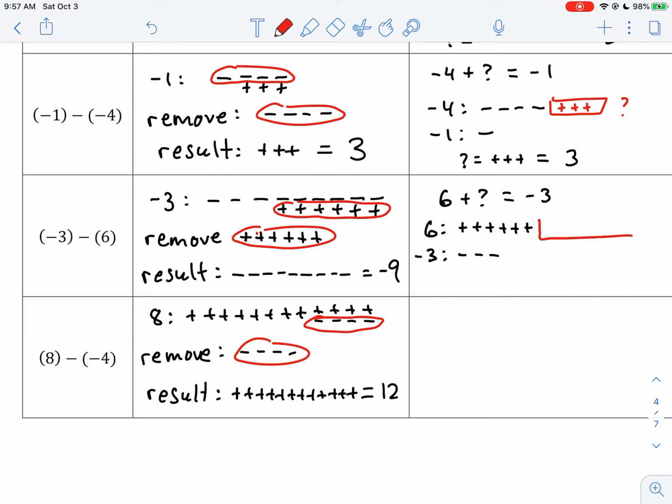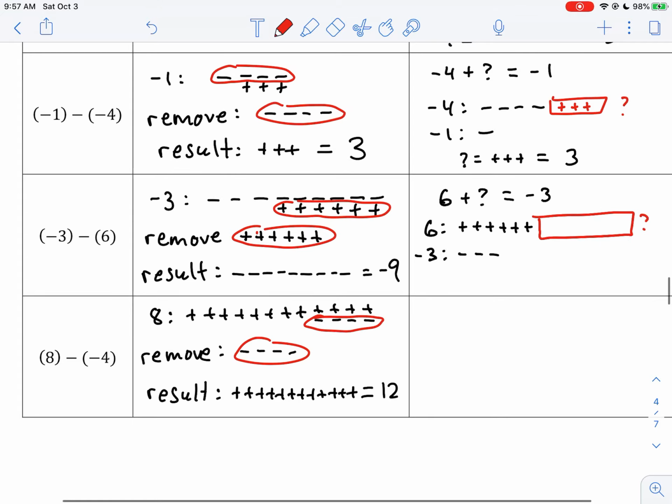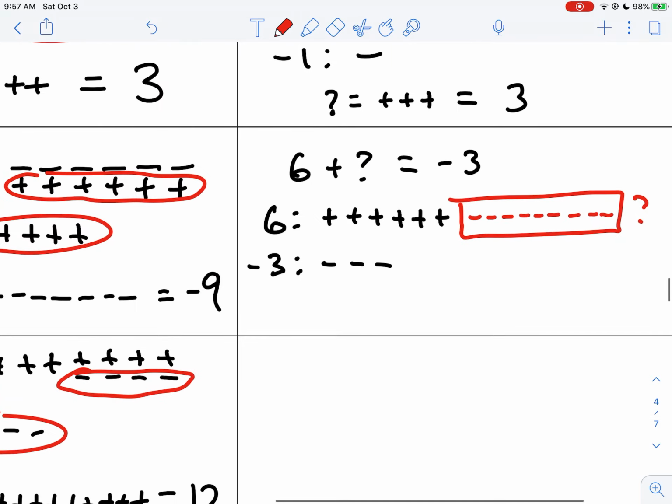So our question mark is, what needs to be added here so that I could turn 6 into -3? Well, you've got to do at least 6 negatives to cancel the 6 positives. But then you need 3 more negatives so that the end result is -3. I think you can see 9 negatives in here. So for our question mark, we needed 1, 2, 3, 4, 5, 6, 7, 8, 9 negatives in order to turn 6 into -3.